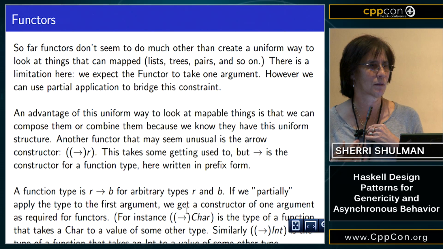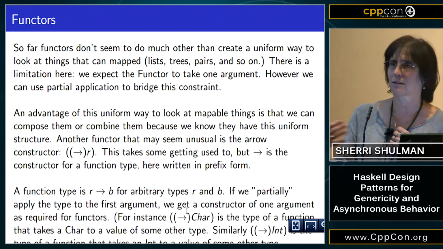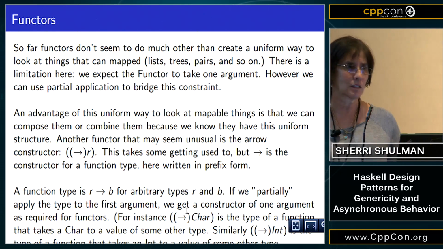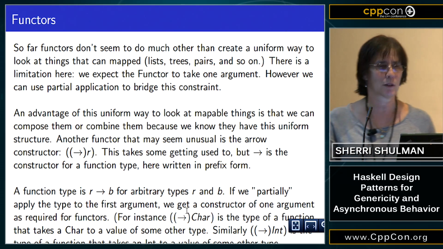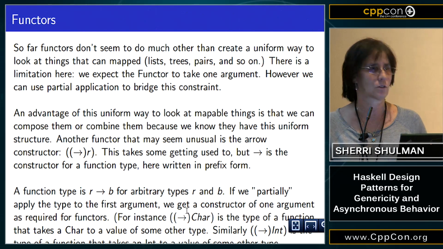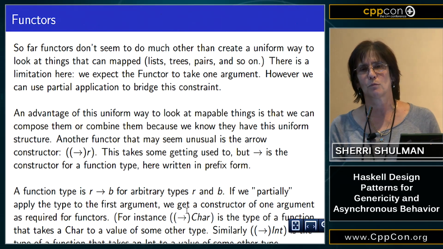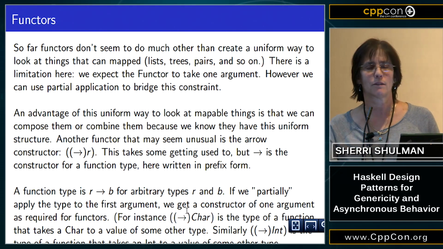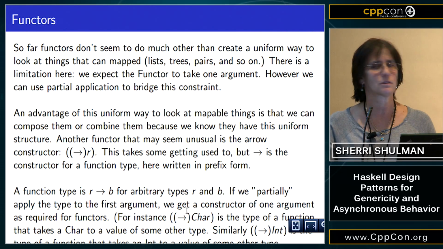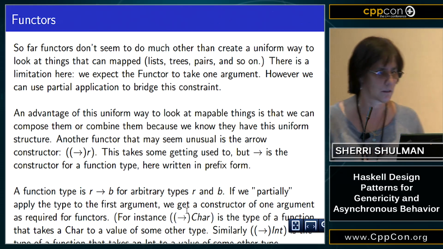Every single time I want to reduce the arity of a function, I can just apply it to one more argument. Eventually, you'll get to the point where you have no more arguments to apply it to, and then you have an irreducible or normal form term. So if we have a function of more than one argument, we'll have to apply it to enough arguments so that we have a function of one argument in order to be able to use it with a functor.